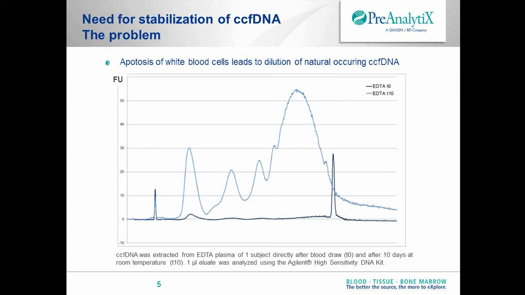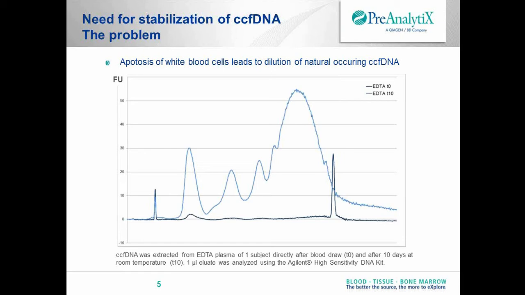In the next part of the slide, strong apoptosis occurred with the white blood cells and released huge amounts of genomic DNA, and these huge amounts of genomic DNA, of course, dilute the original ccfDNA, in a way that you most likely do not find your original ccfDNA anymore in this huge background.